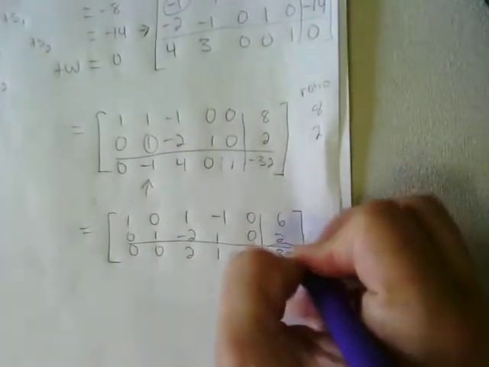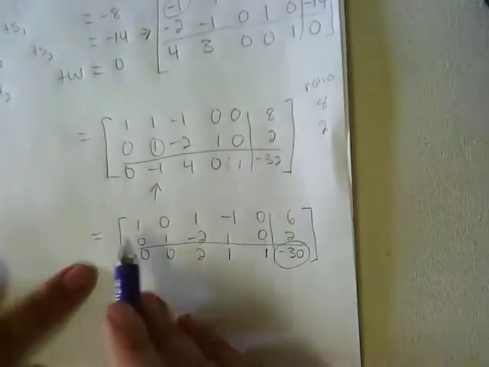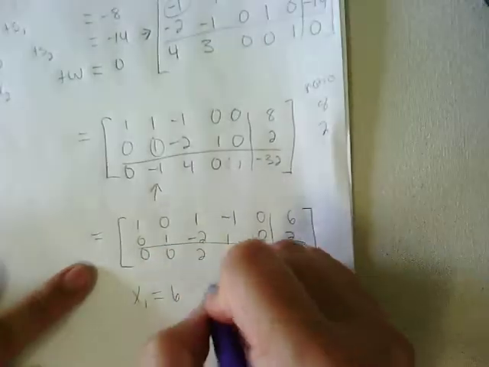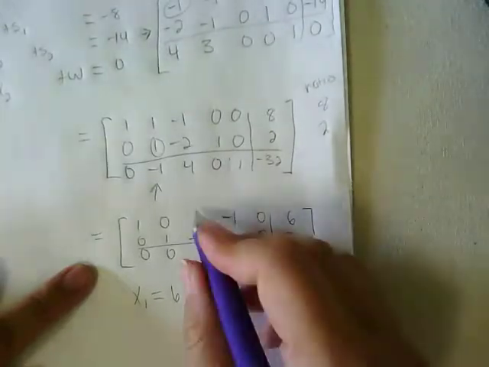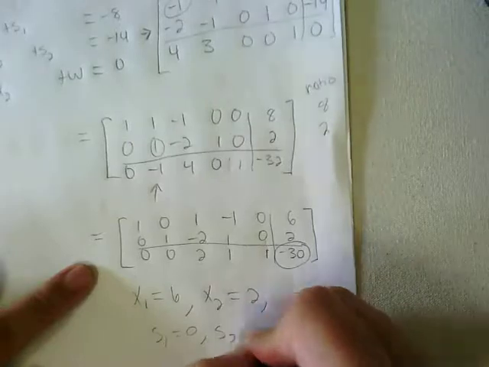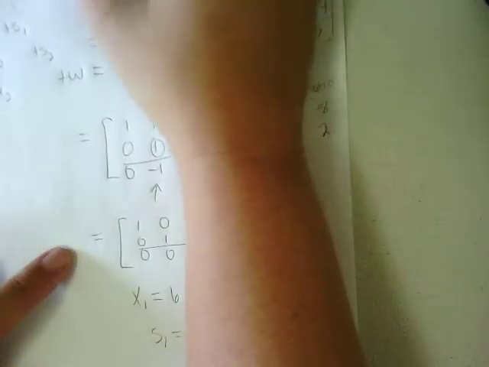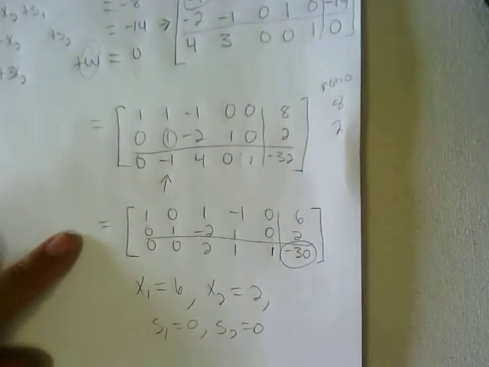This looks kind of funny because this negative 30 is down here, but bear with me. If I say x1 equals 6, x2 equals 2, and s1 and s2 are equal to 0. Remember, I started out with w, not z, so w equals negative 30.